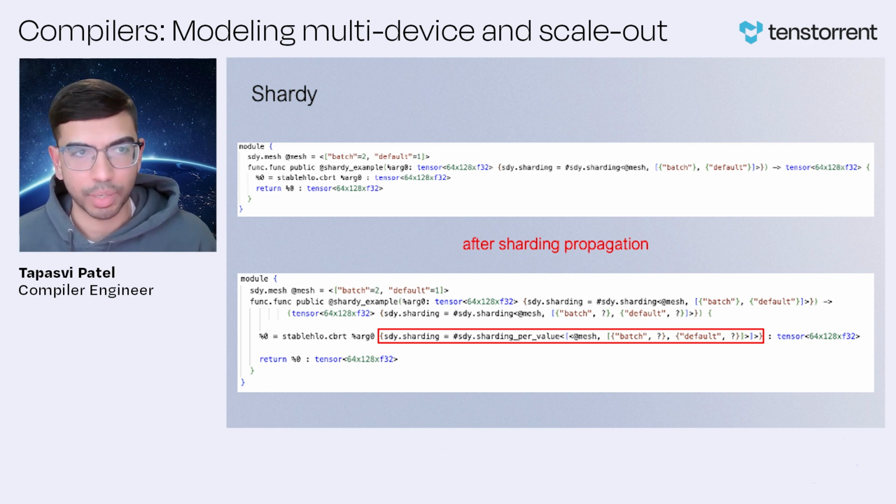Visually, we can determine it, but once you have many ops, it becomes difficult. So once you run the passes that Shardy has, it will go through every single op and annotate it for you and say, hey, this operation is going to have this particular sharding annotation once it's been resolved.